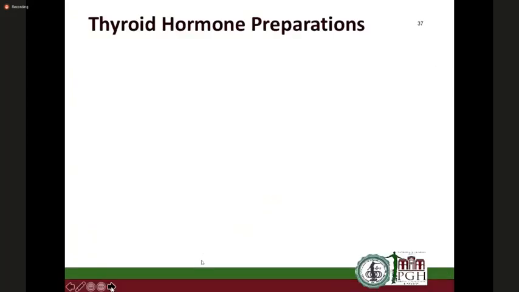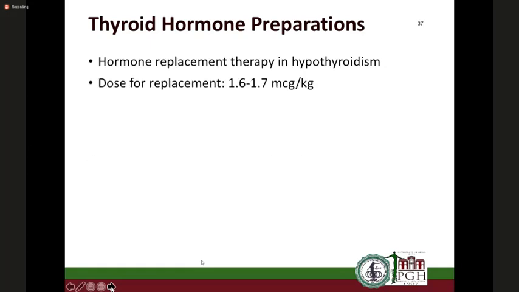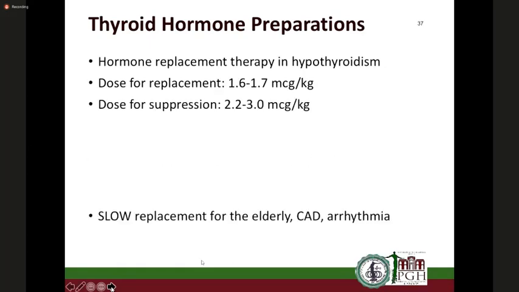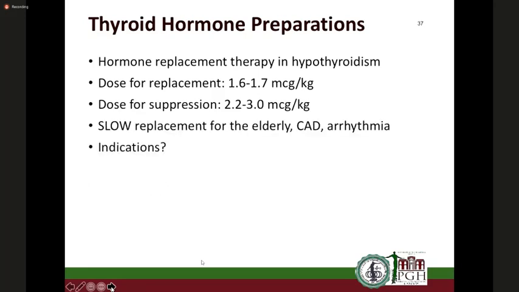Okay, so if you're hypothyroid, there are several thyroid hormone preparations, but the drug of choice, like I said, is levothyroxine. And just to let you know, this is the replacement dose. How this computes is that in an approximately 50 kilogram person, it computes to around 80 micrograms.